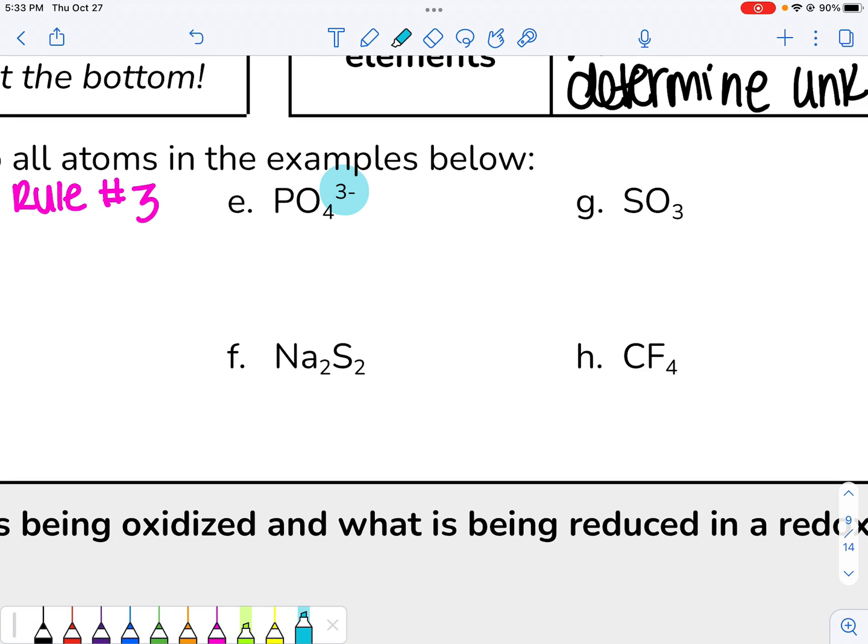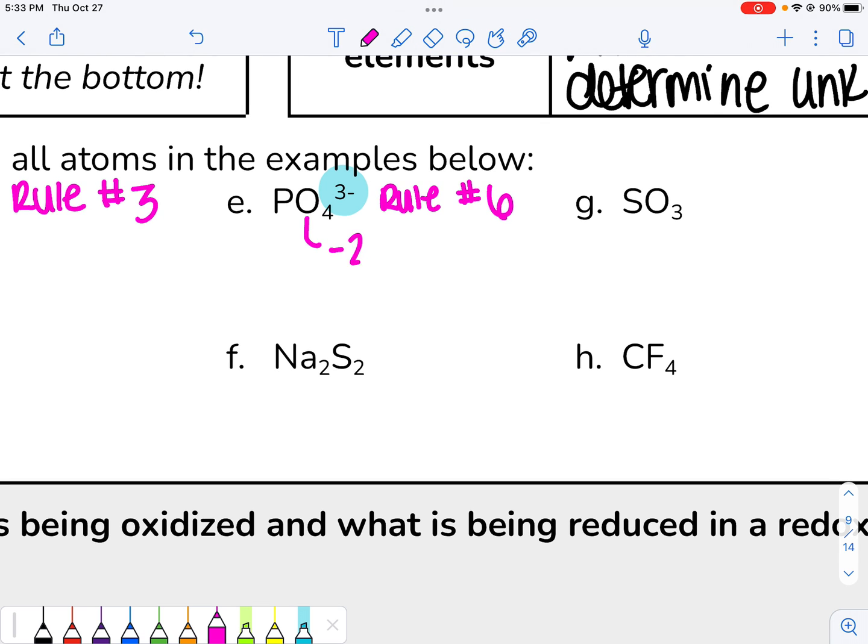So phosphorus doesn't have a rule until you get down to rule number 7, which is the group 5 rule. Oxygen's rule shows up as rule number 6. Oxygen's rule says that in general, oxygen will have a -2 oxidation state, and that's per atom. So every oxygen atom in phosphate will have a -2 oxidation state.